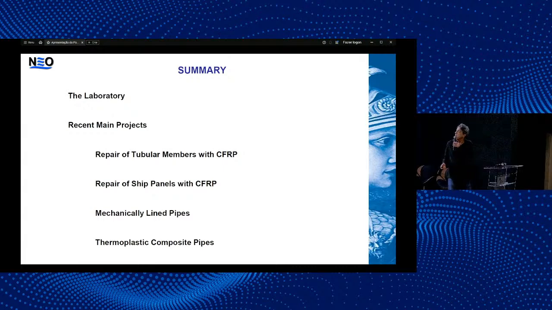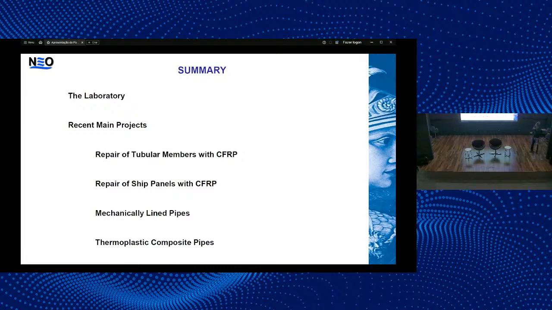Okay, thank you. So the summary of my presentation, I will present the lab and some of our recent projects. Two are connected to use of composite materials with carbon fiber to repair structural members offshore, ship panels and tubular members.